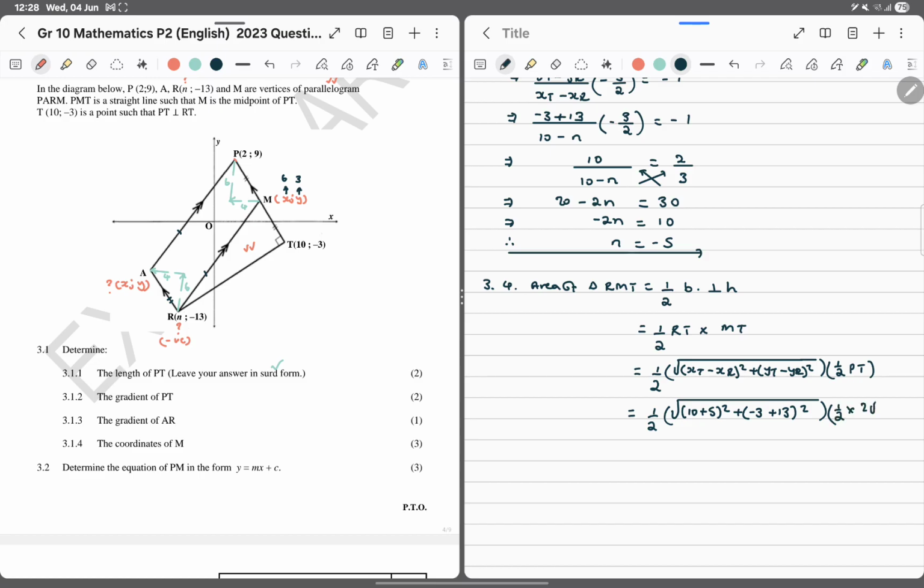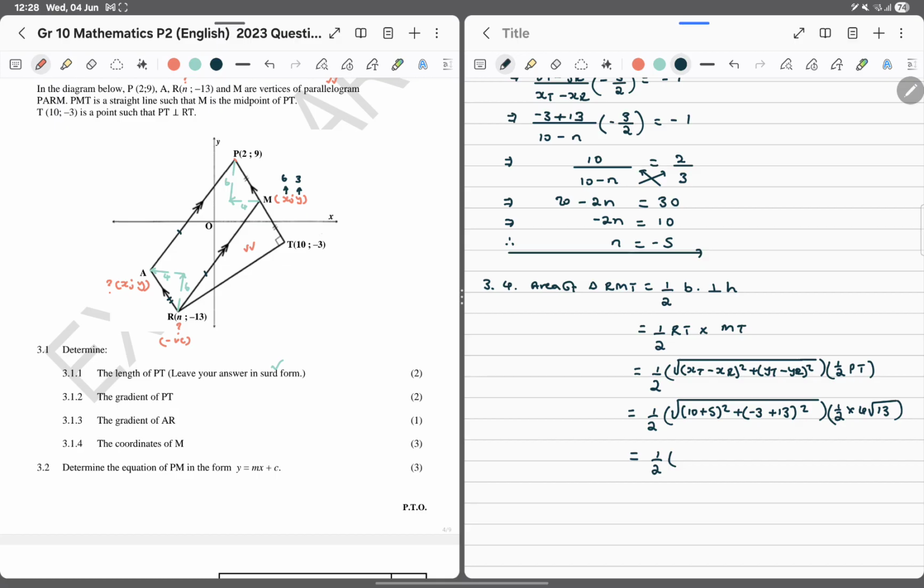We found it to be, not 2, but 4 root 13. Okay, so we can simplify further. This is a half into, now this is going to be 15 by 2, 15 squared is 225. This becomes 10 squared, that's 100. So 225 plus 100 is 325.